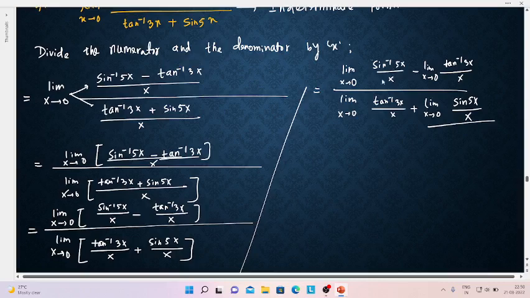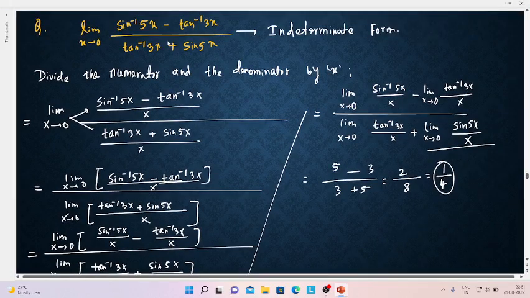So limit x tends to 0 sine inverse 5x over x is nothing but 5, similarly that part will be 3, and on the denominator it is 3 plus 5. So 5 minus 3 is 2 and 3 plus 5 is 8. So 2 over 8 can be written as 1 over 4.